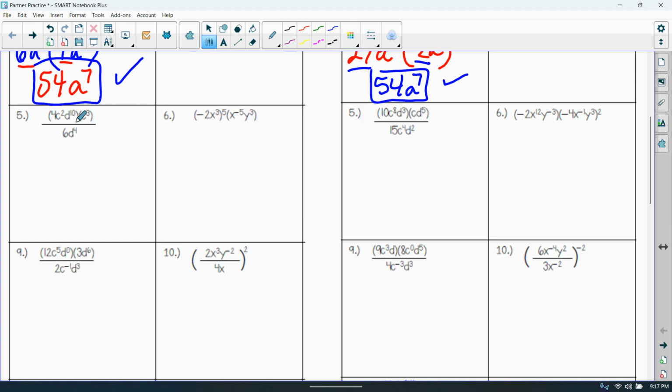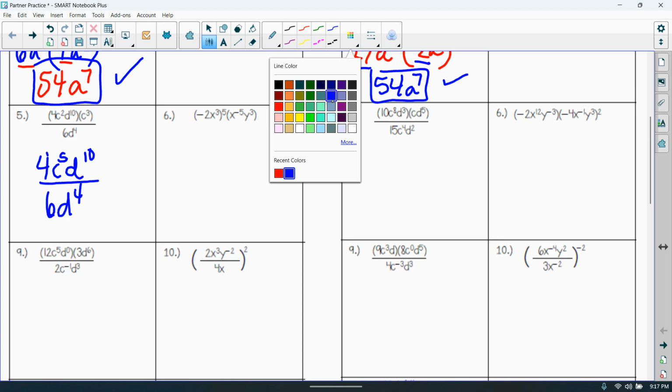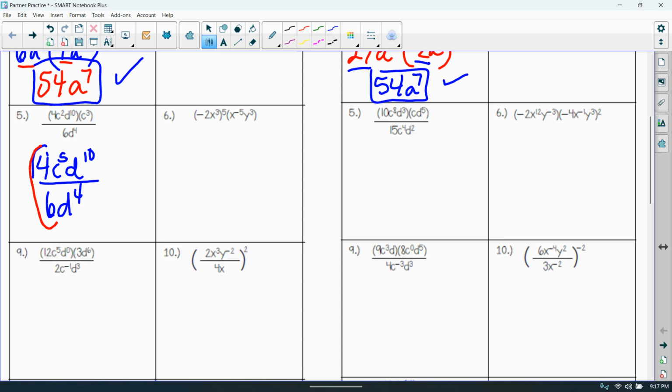So what you would need to do is the top first. So you keep your 4. This is now going to be c to the 5th power d to the 10th, and that's over 6d to the 4th. So from here, this can be reduced, okay, because it's 4 over 6.